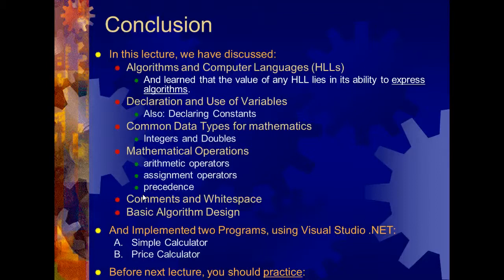We also saw the use of a string data type, mathematical operations, arithmetic operators, the assignment operator. We also talked about precedence of the operators. Comments and white space: we talked about how you should comment and add white space to your programs. And basic algorithm design. We implemented 2 programs using VisualStudio.net, the simple calculator and the price calculator.